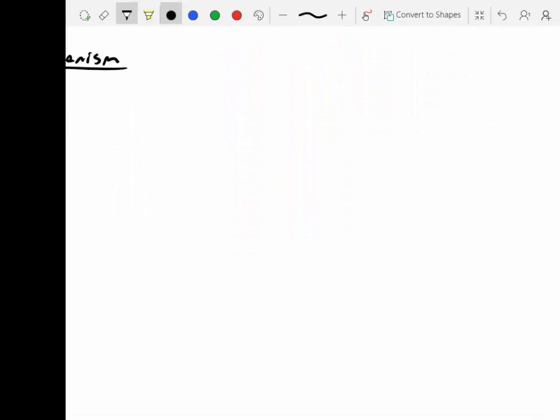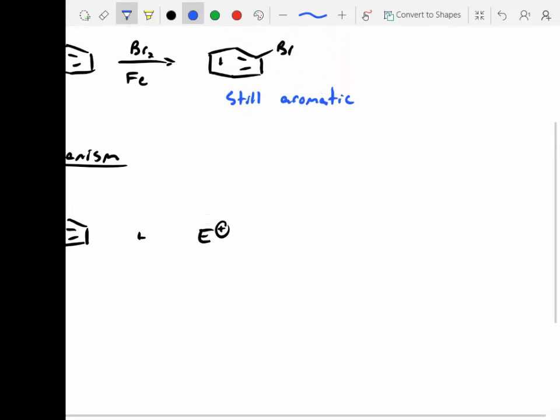For the mechanism of this reaction, I'm going to use just a generic electrophile, and I'm going to write it out as E+. If we think about benzene, it does have pi bond character. Benzene is a really weak nucleophile.